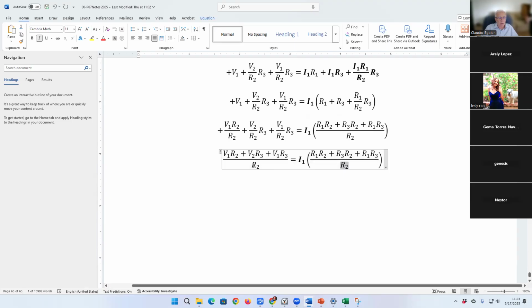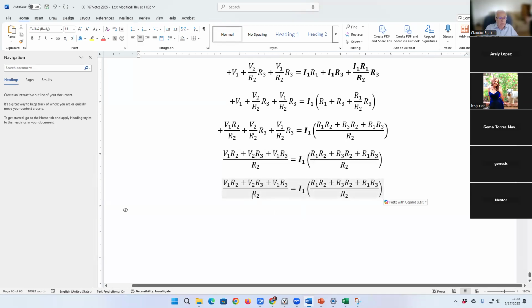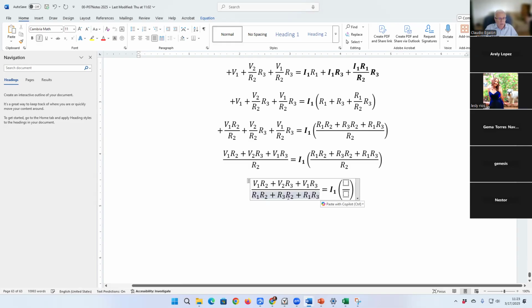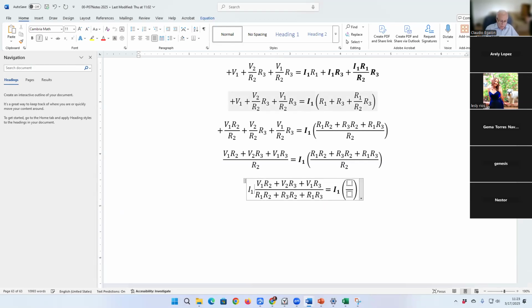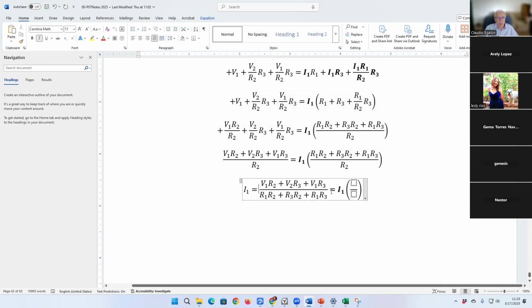R2 cancels out with R2, right? R2 cancels out with R2. And this R1, this combination of R1, R2, and R3, right?